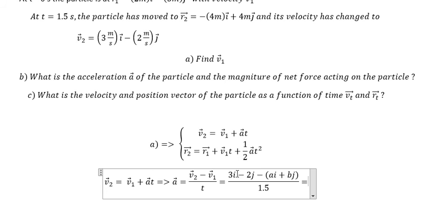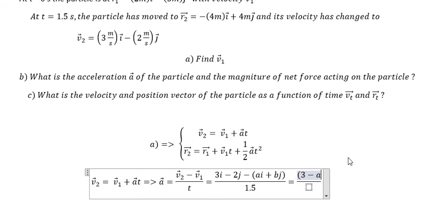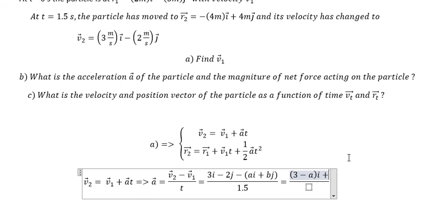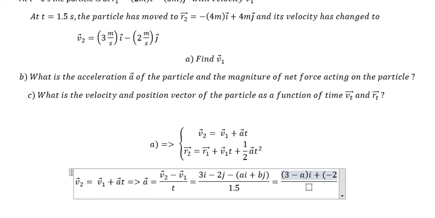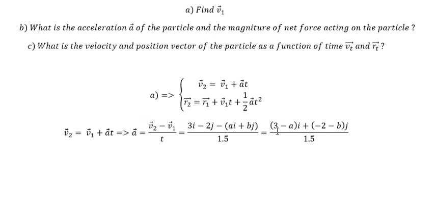And now we have 3i minus a i, so you will get 3 minus a with i, and we have negative 2, negative b, j, divided by 1.5. That is the first step.